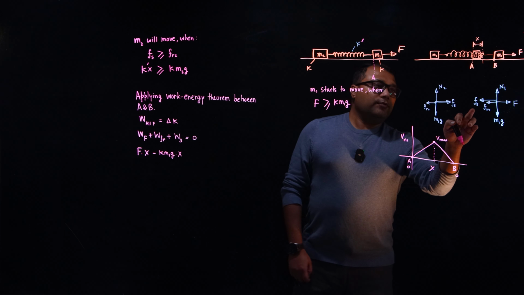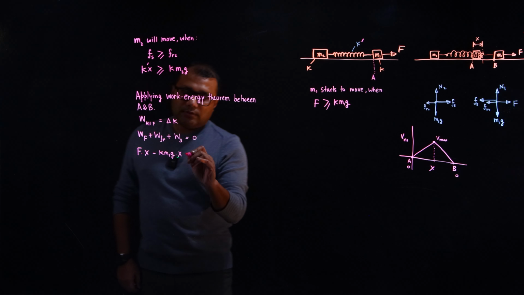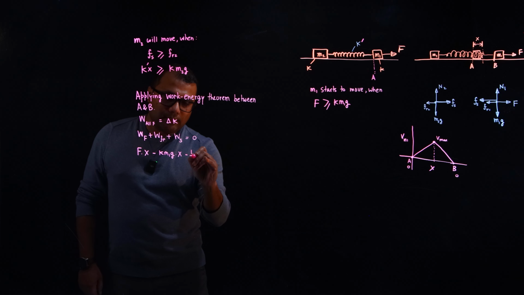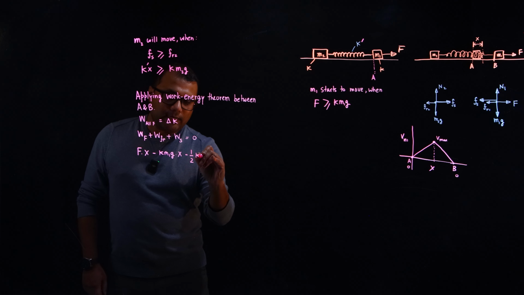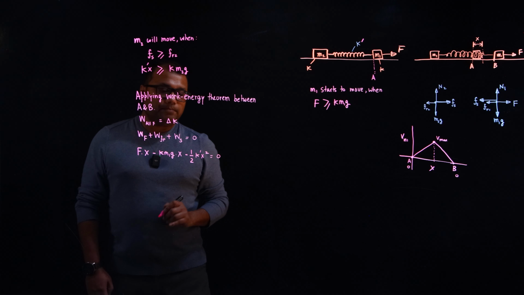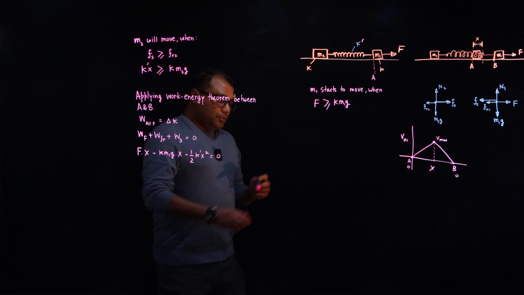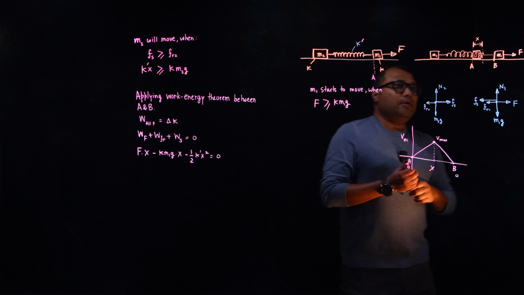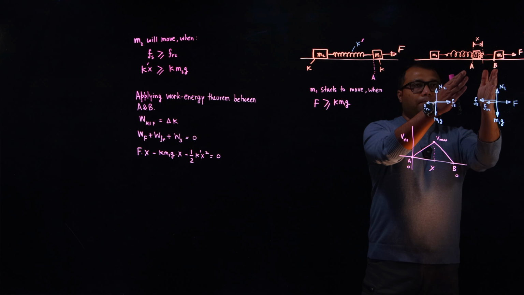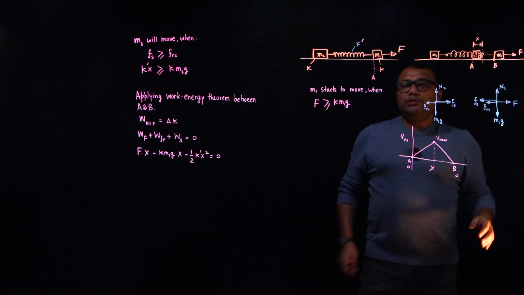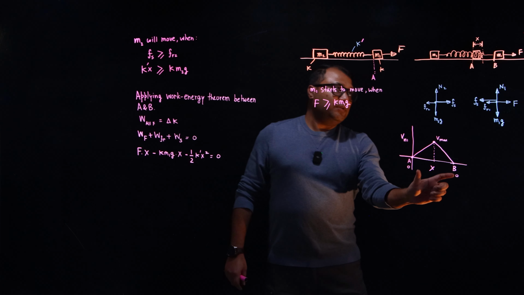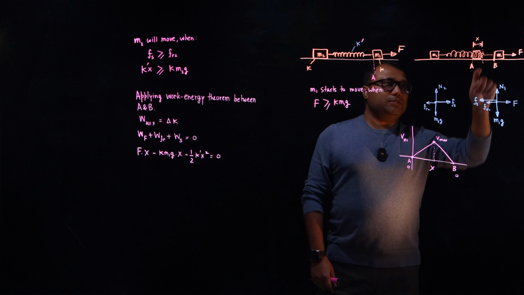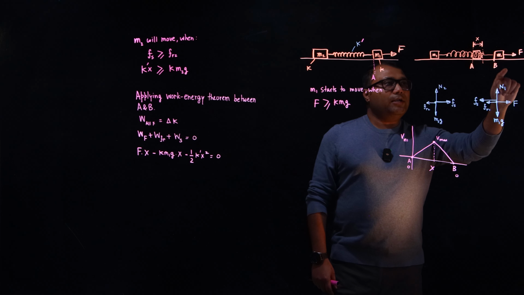And what's the work done by the spring force? It will be minus half k dashed x square, equals 0. So what we are doing here, we are applying the work energy theorem between these two states, when the velocity of m1 is 0, when it started and when it stopped.